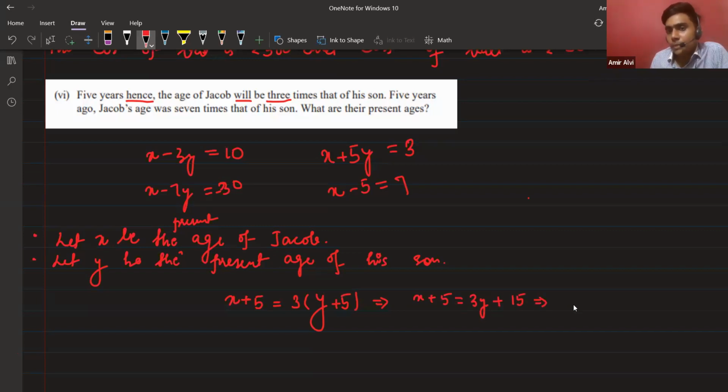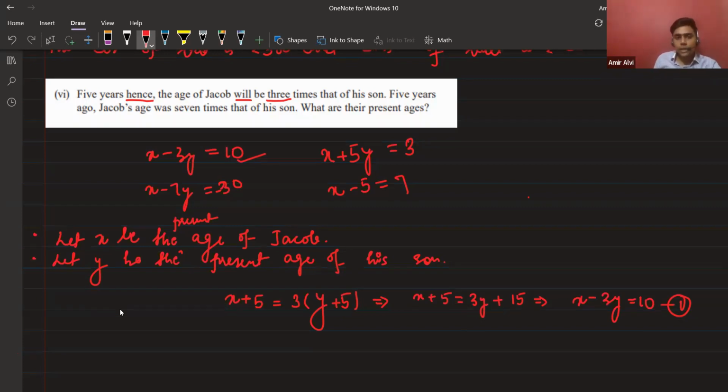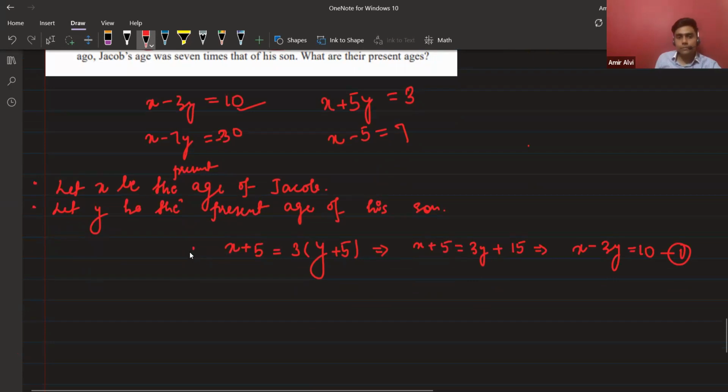So it would be x minus 3y is equals to 10. So this is our first equation. Hiba, you got your first equation correct. Yes. Okay. Next thing is, it is saying that 5 years ago. So let's take this next thing.